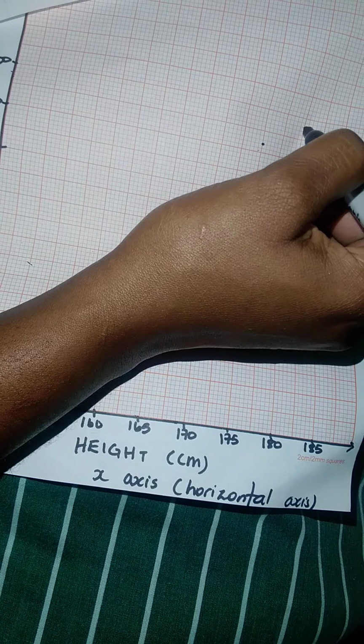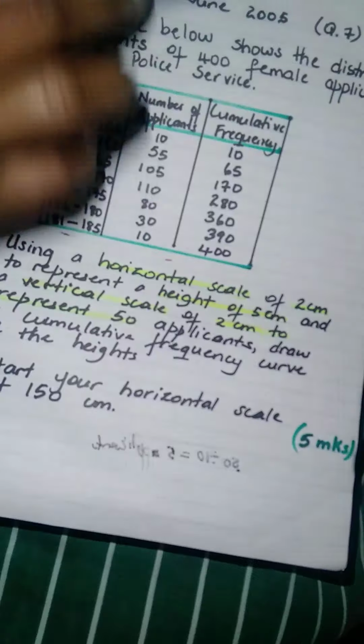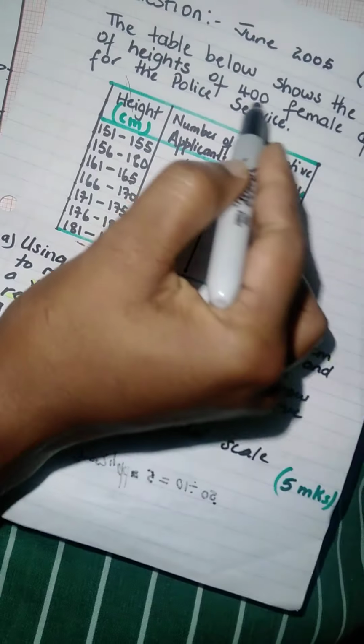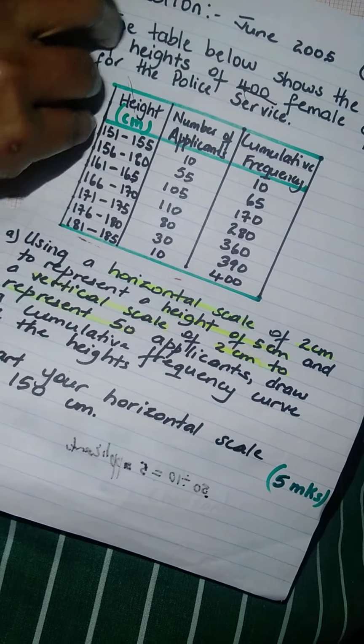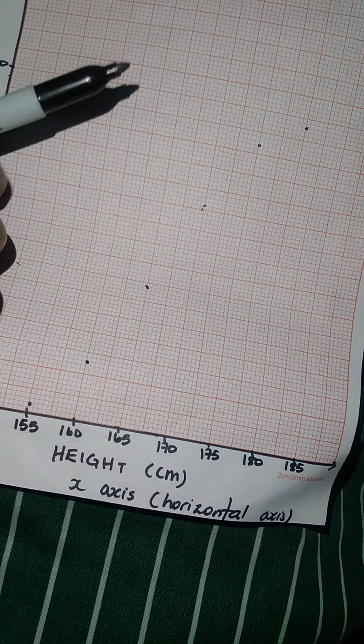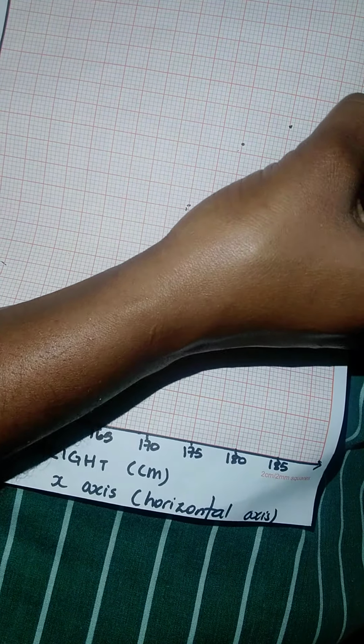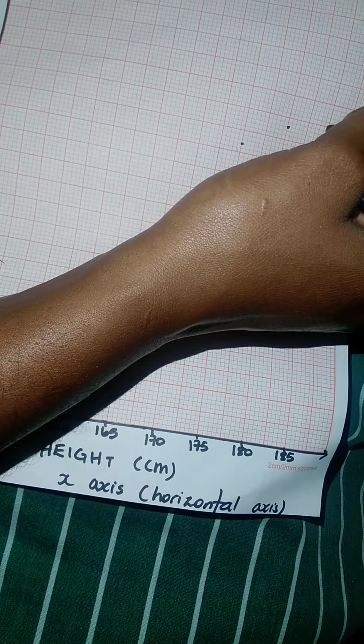A dot. And we know the last one is what? The last one is 185 and it matches with 400. It must match with the total number that was given in the question. See? 400. So we know 185 must go all the way up to our 400 mark. All right.